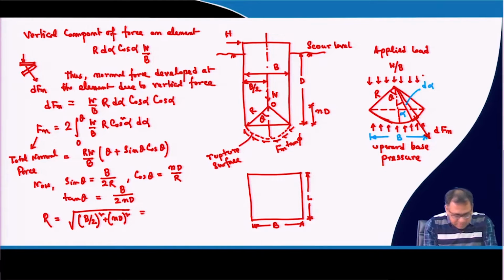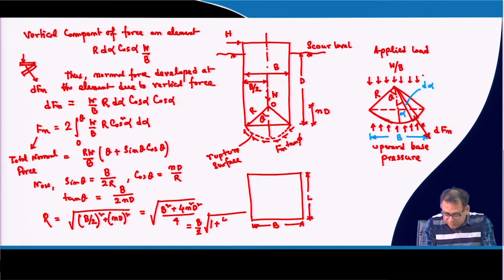So, we can write that this is equal to root over (B square plus 4 N square D square) divided by 4. Finally, if I take B by 2 outside, this is equal to B by 2 root over 1 plus 4 N square D square divided by B square.